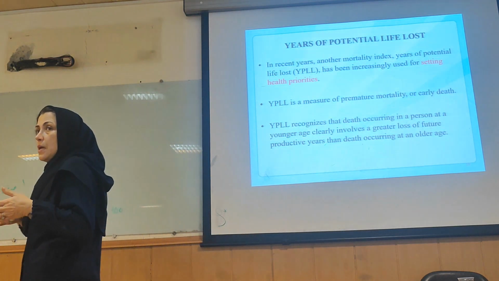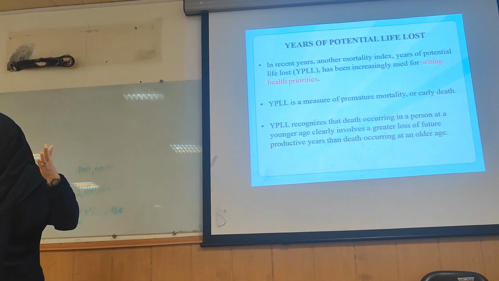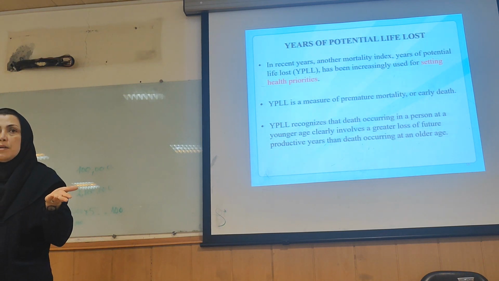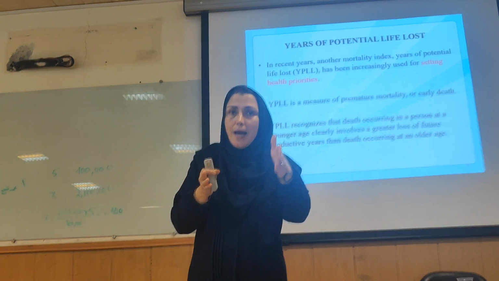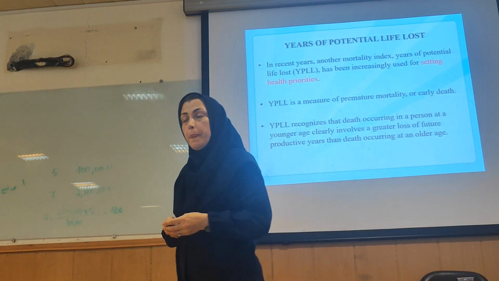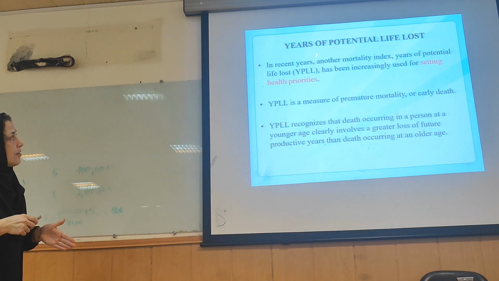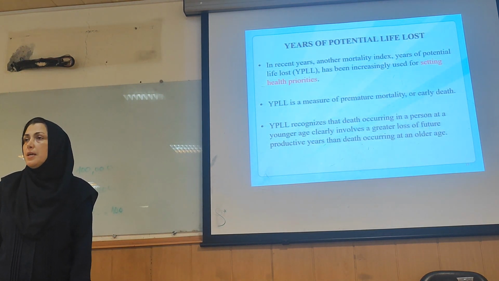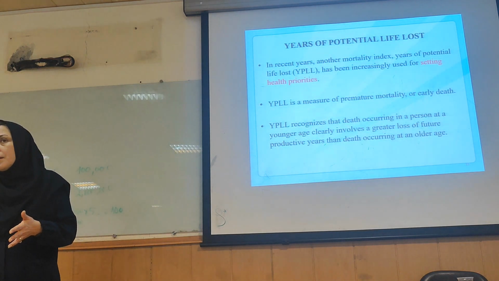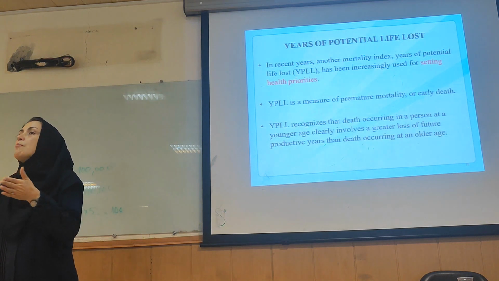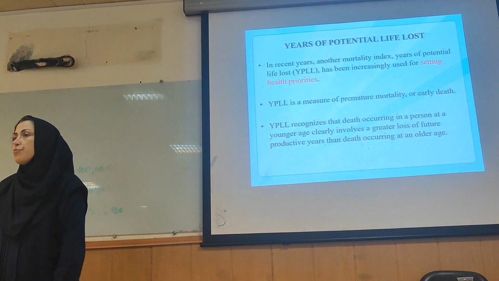Because you may lose many years of productivity if you have disease and mortality at a younger age. So we can compare different diseases based on the years of potential life lost. As a policymaker, you may decide which disease is more important to intervene in and control.